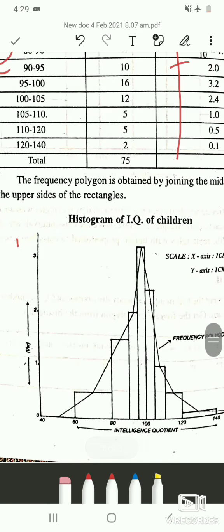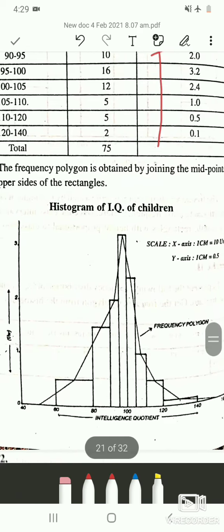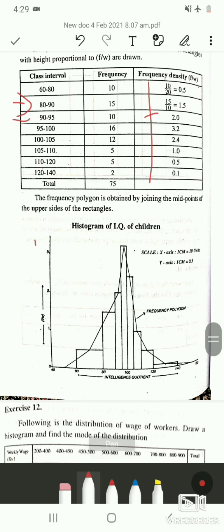The next step is to plot the histogram. The frequency polygon is obtained by joining the midpoints of the upper sides of the rectangles. The first step is we will plot a histogram, which we know. The first class interval is 60 to 80. Take the scale of your choice.